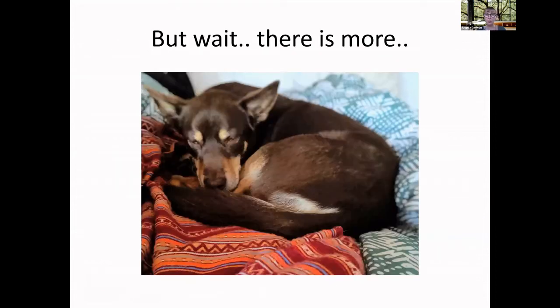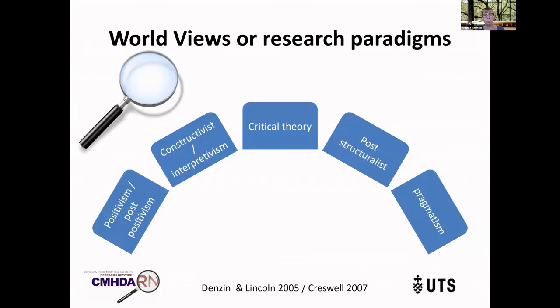So just spreading these paradigms out, what I want to dive into more is qualitative methodologies and quantitative. So qualitative methodologies are aligned with some of these paradigms, some more than others, and the same goes for quantitative research.